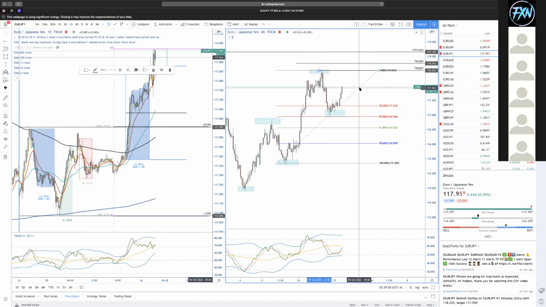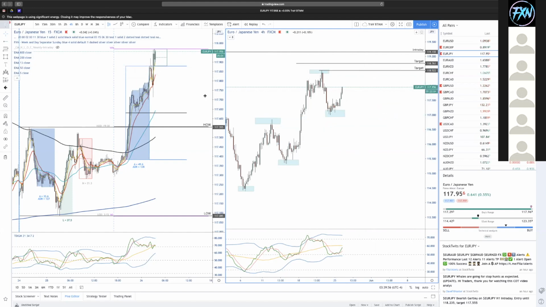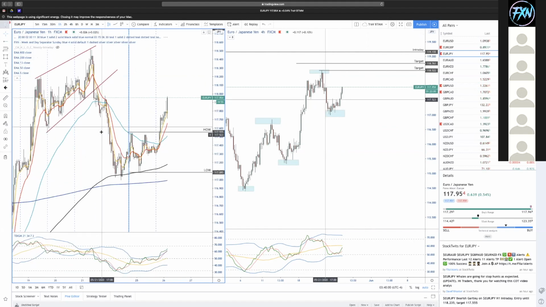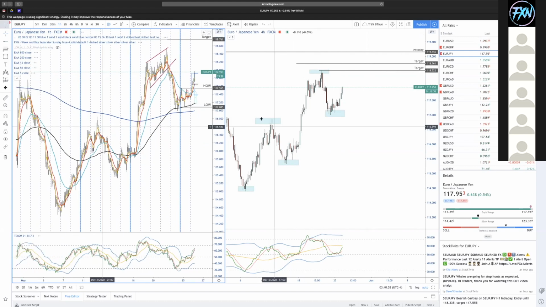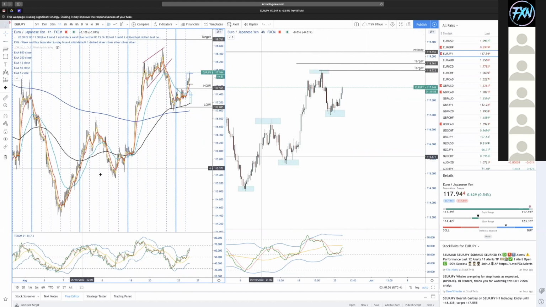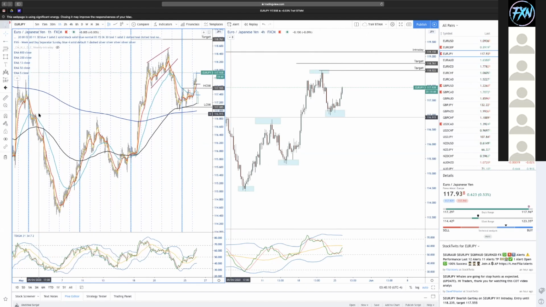So let's look at the lower time frame and see if we can get some market structure around this as well. Let's go to the 1-hour chart. Looking at the 1-hour chart, you can clearly see that this picture matches what's been going on in the past week. Now let's look at some weekly cycles.